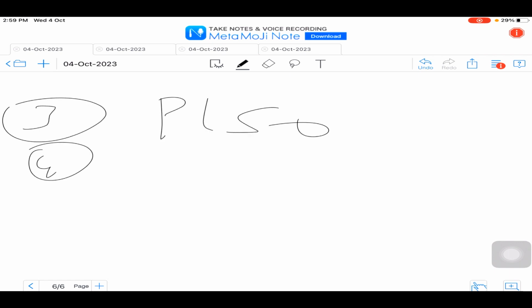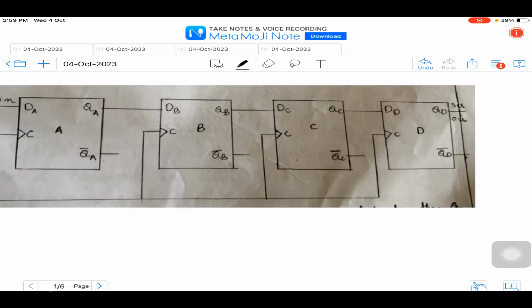And the fourth is parallel in, parallel out. In detail, let us study one of the shift registers: the first one, serial in, serial out, unidirectional shift register.